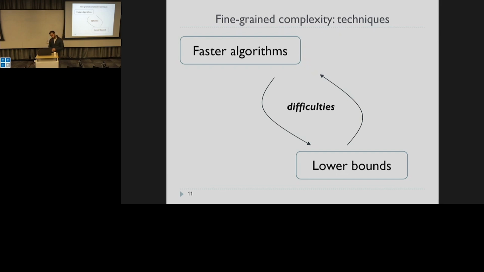And the other direction has also been quite successful. If you try to show lower bounds and you cannot, then oftentimes it leads to faster algorithms because you get some insights. I'm going to talk about that in the remainder of the talk.